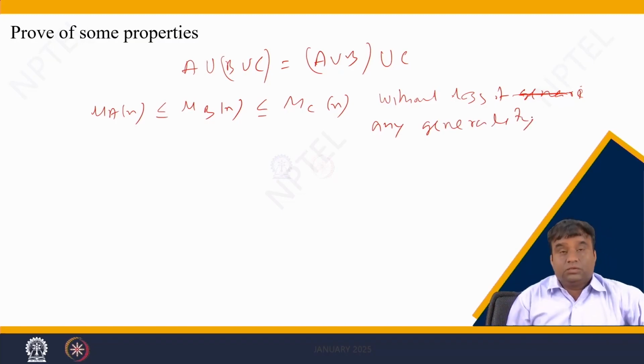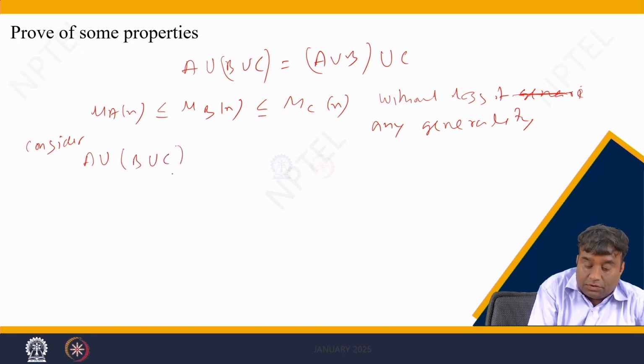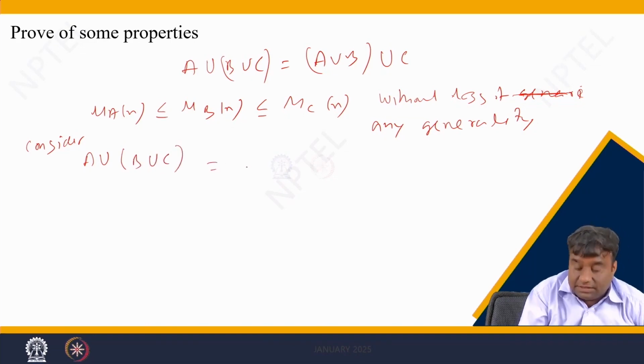Okay. So now consider these things. Consider A union B union C. That can be written as the maximum of mu A(x), then again the maximum of mu B(x) and mu C(x).